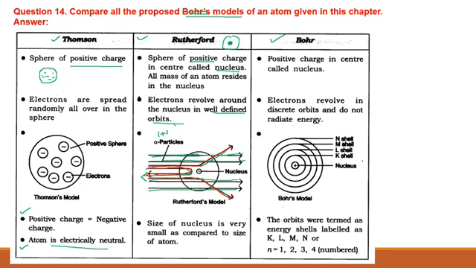The size of the nucleus is very small because very few rays were deviated at 180 degrees. So the size of the nucleus is very small compared to the size of the atom. If this is an atom, the nucleus is this big, that's it, and the whole mass of the atom is concentrated in this nucleus, because protons are there, according to Rutherford.